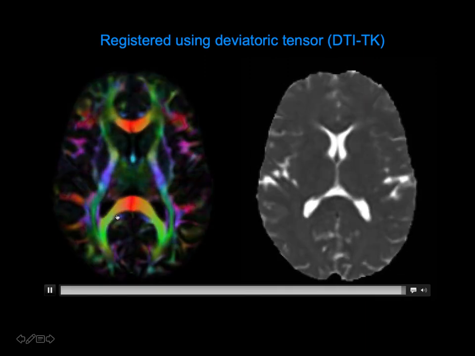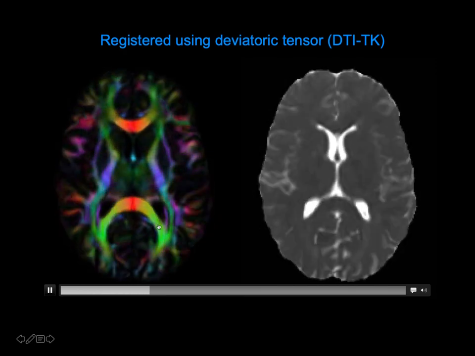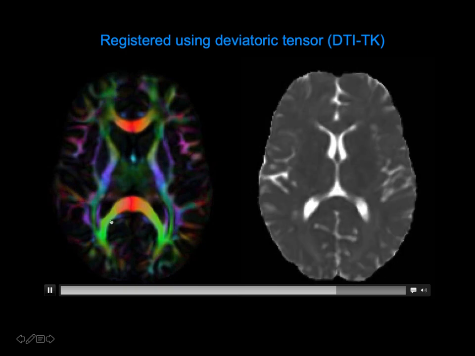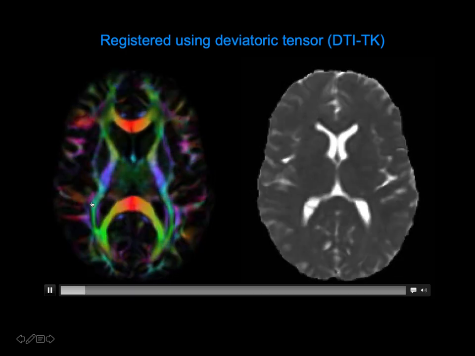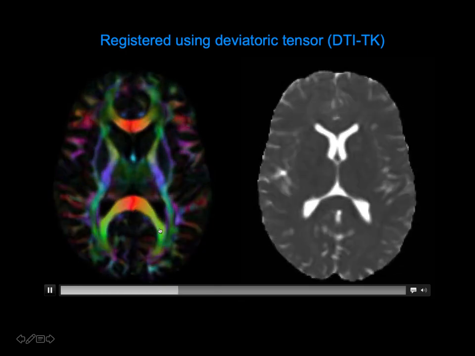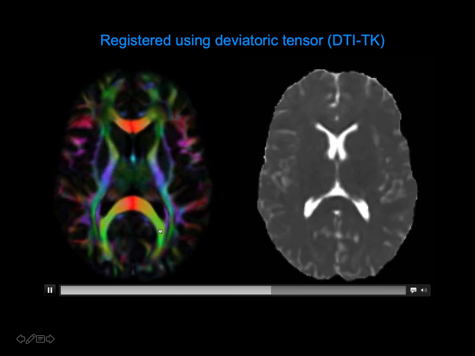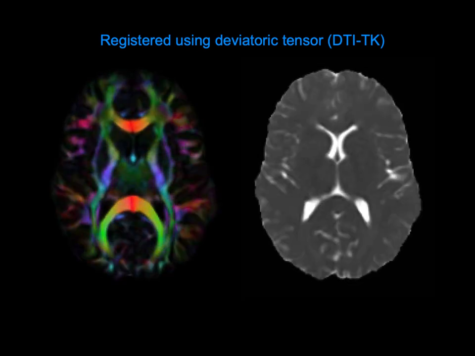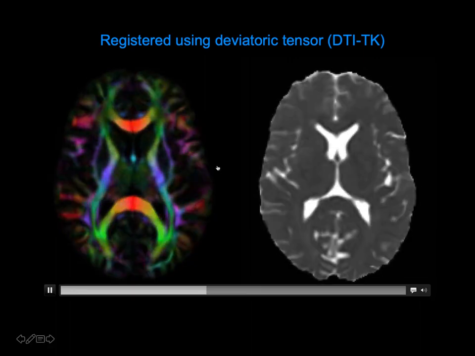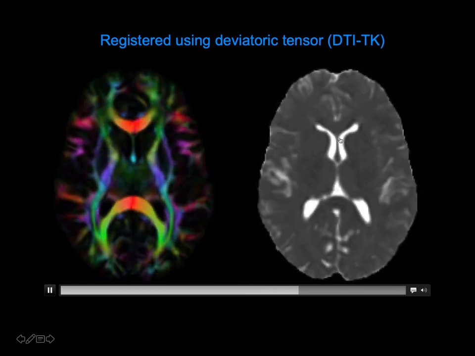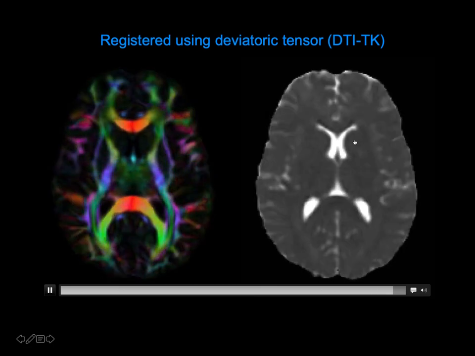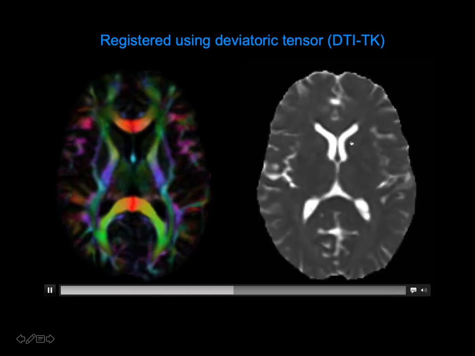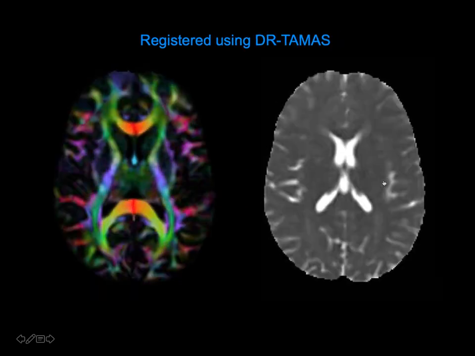And then you can probably see that now the things in terms of colors dancing around here in the corpus callosum or even here in this region, the situation is much improved because the tensor deviatoric contains also the information, the directional information of the diffusion tensor. But still we have very poor performance at the tissue gray matter interfaces, like here the ventricle, okay?